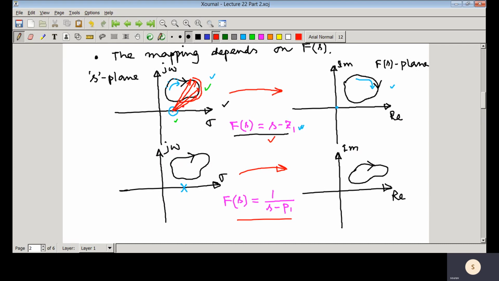And again, whenever you are traversing like this, your vector is coming like this. So when you finally come back to this point, the total angle contribution becomes 0.